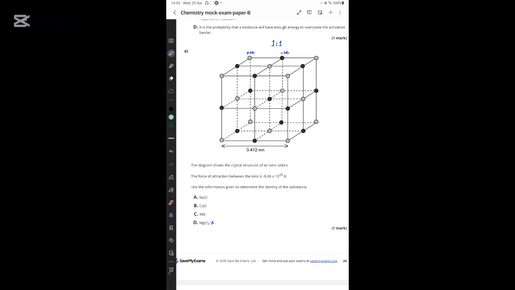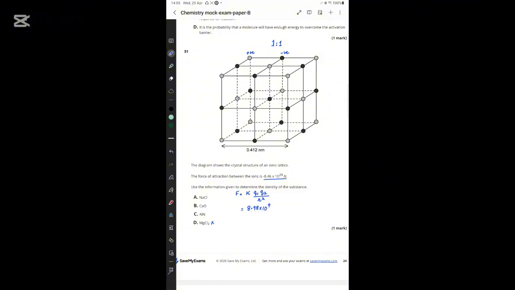Now for the next part, they are saying the force of attraction between the ions is this much. Use the information to determine the identity of the substance. The formula for force of attraction between ions is F = K Q1 Q2 divided by R squared. K is a constant which has the value of 8.98 times 10 to the power 9.